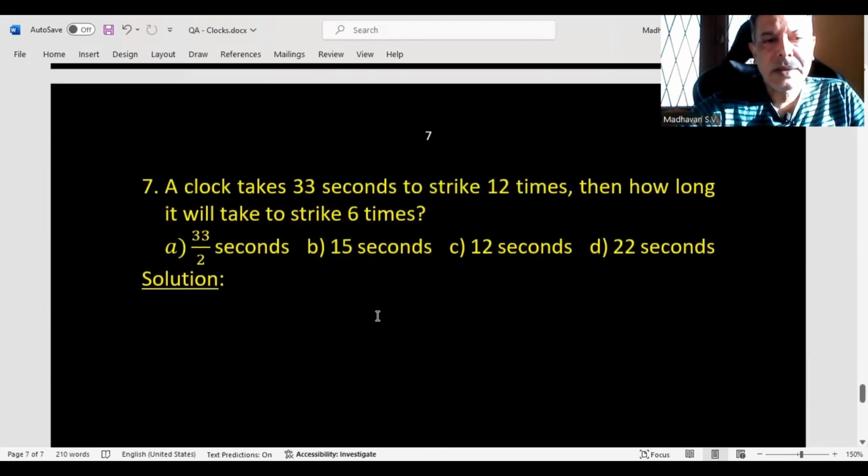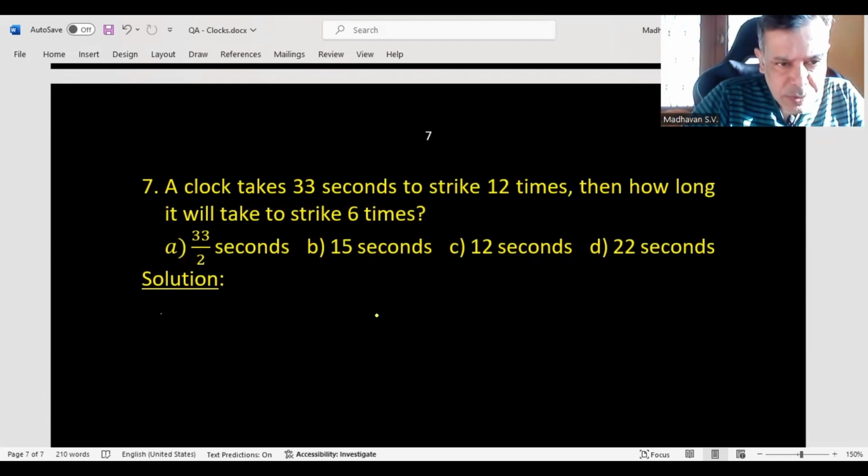A clock takes 33 seconds to strike 12 times. Suppose the hand is in this position. To strike 2 times, it takes this one interval.